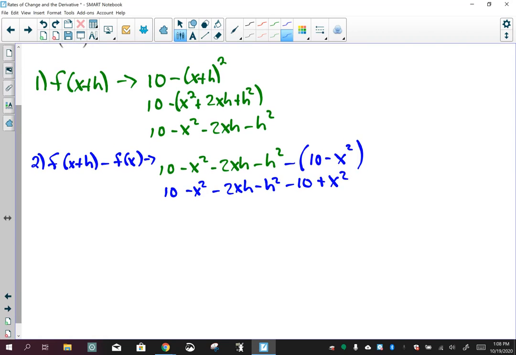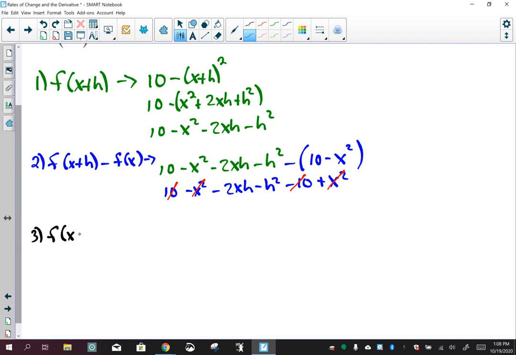So now, if you have done everything correctly, this whole back piece should cancel with the front. So that x squared cancels with that x squared. That 10 cancels with that 10. And if done correctly, you are left with everything that has at least one h in it.